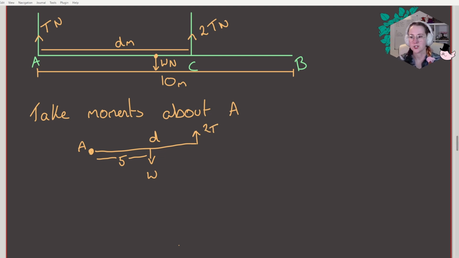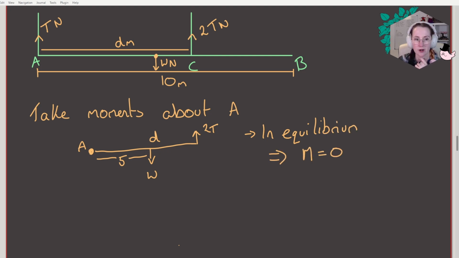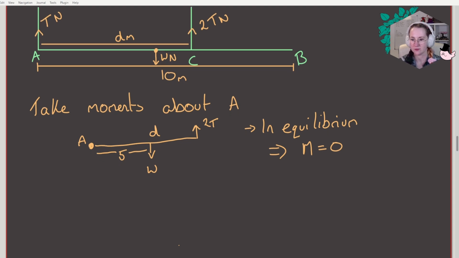Okay, we're told that it's in equilibrium. So it's in equilibrium, which means that the total moments are 0, i.e. the moments in the clockwise direction and the moments in the counterclockwise direction balance. Let's say clockwise is positive. We just set them equal to each other.